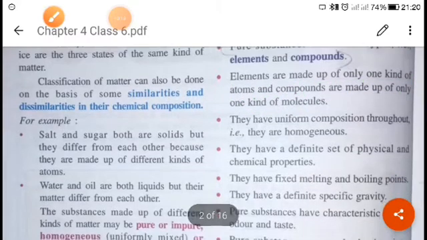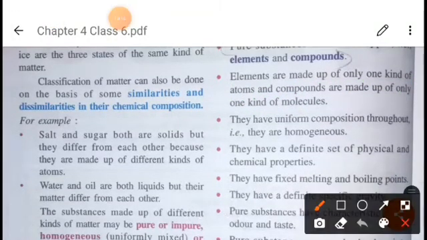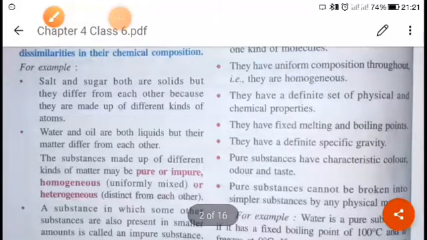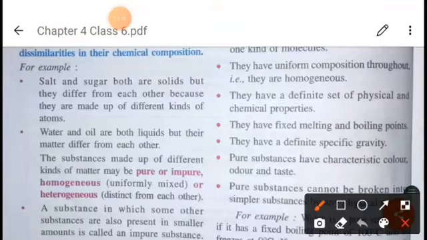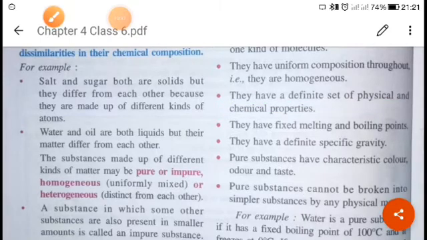Next, in a pure substance, the composition is uniform throughout, and we can say that it is homogeneous, right? I have given you the example of homogeneous. Next, they have a definite set of physical and chemical properties, which means they will be fixed.